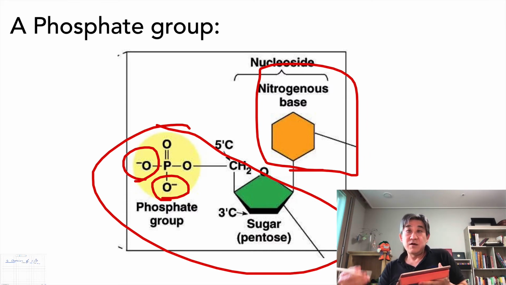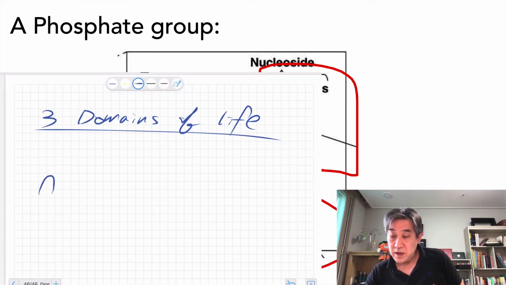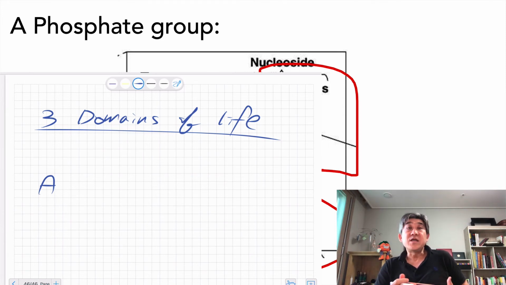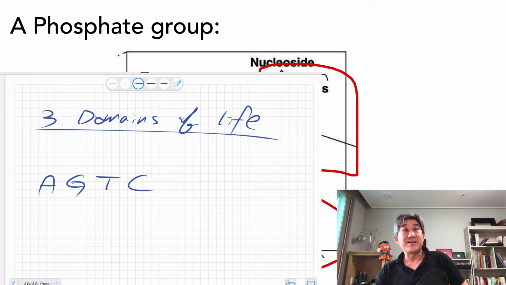So instead of using the full name of each nucleotide, we can usually simplify it by using an abbreviation for each nucleotide. So for adenine nucleotide, we can simply put A, and for guanine, simply G, and T, C, something like that.